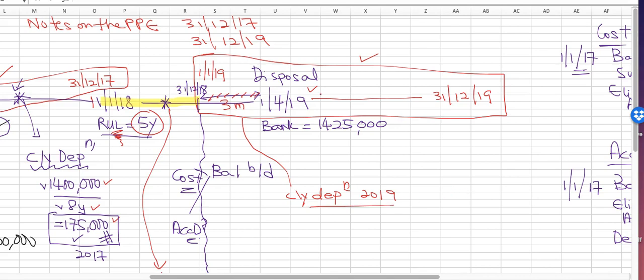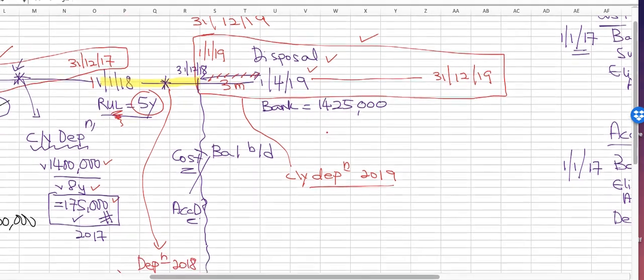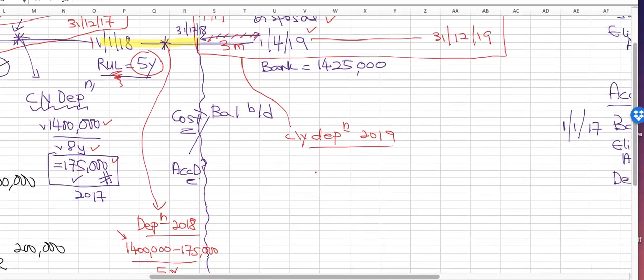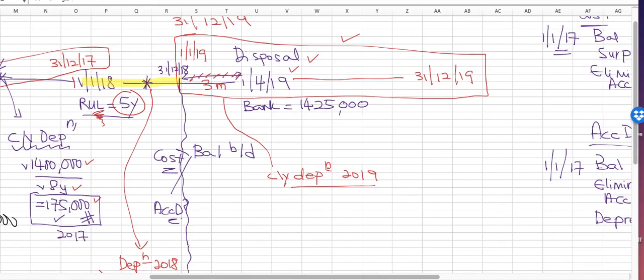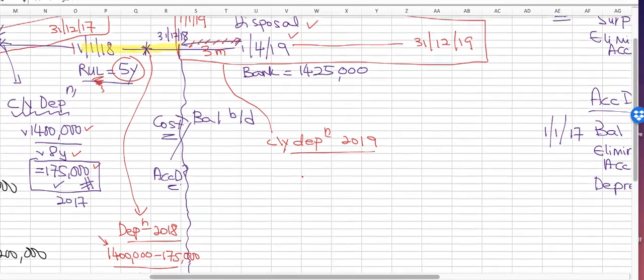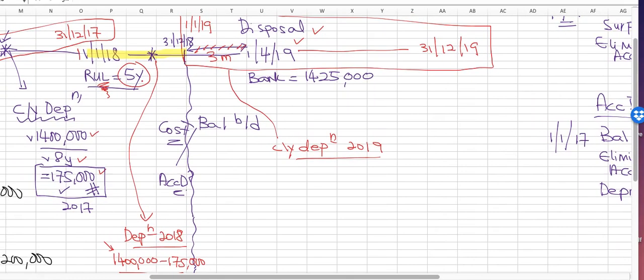Next, you have to know what is the entry for disposal. So how do you calculate depreciation in 2019? Now, we are going to use this 5 years. Continue. So you divide by 5.